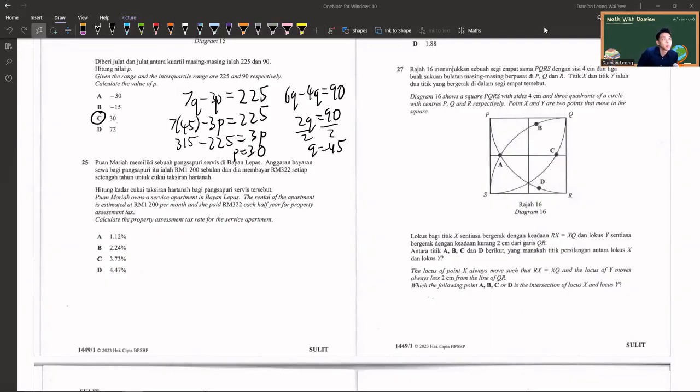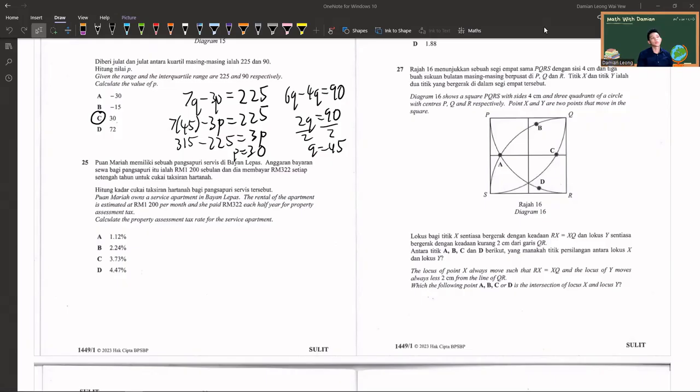Question 25. Puan Maria memiliki sebuah pangsapuri servis di Bayan Lepas. Anggaran bayaran sewa bagi pangsapuri itu ialah RM1,200 sebulan dan dia membayar RM322 setiap setengah tahun untuk cukai taksiran hartanah.